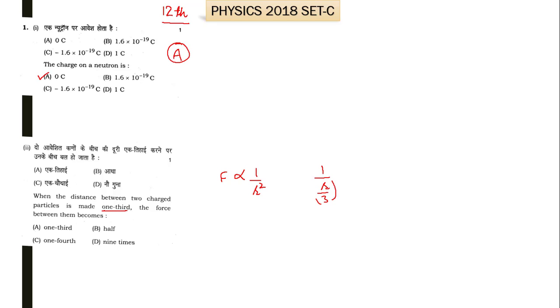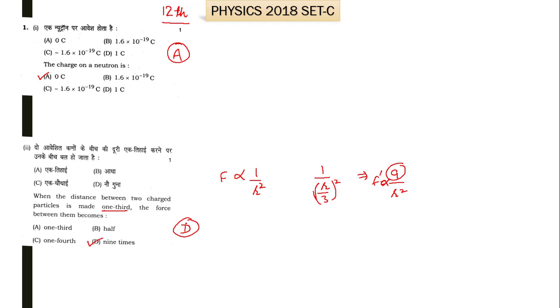Squaring this gives 9 by R square. So the new force F dash is proportional to 9 by R square, so it becomes 9 times its initial value. So D is the right option for the second part.